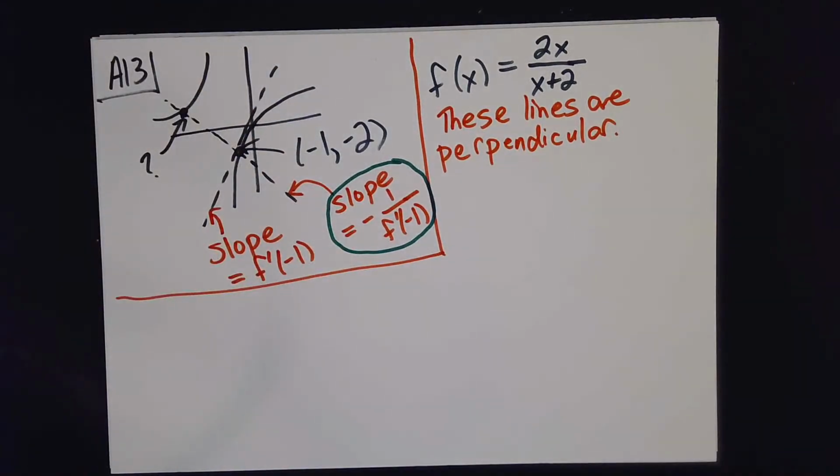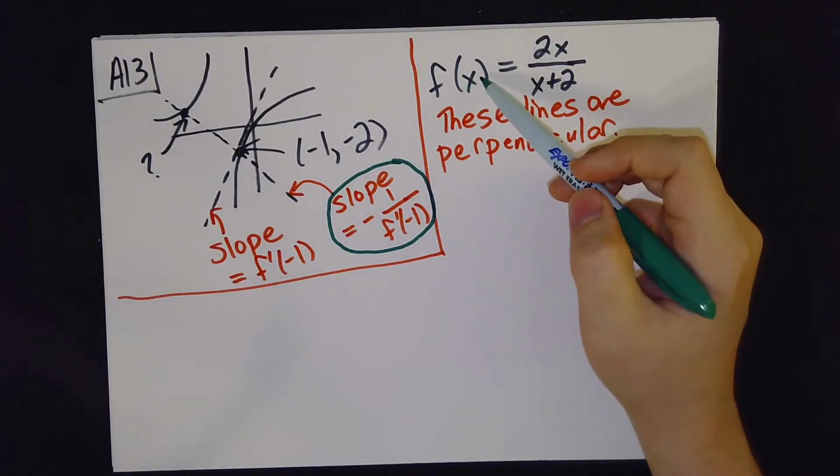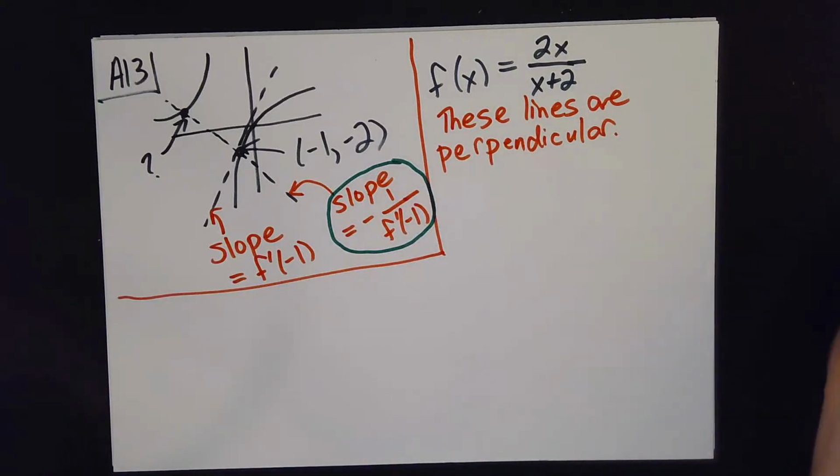But before I can do anything with that, I need to actually calculate the derivative here so that I can figure out what f prime of -1 is.